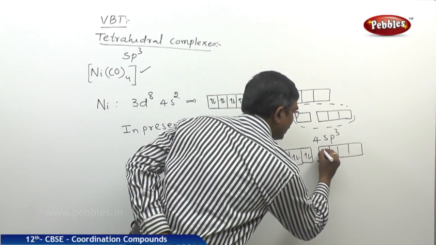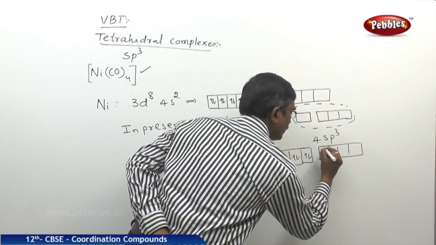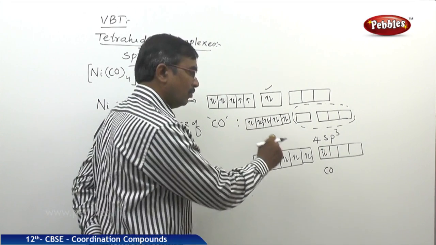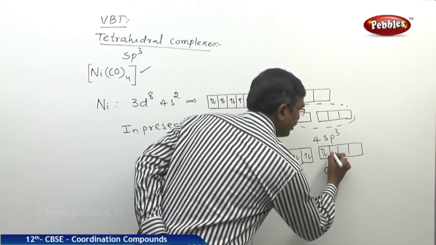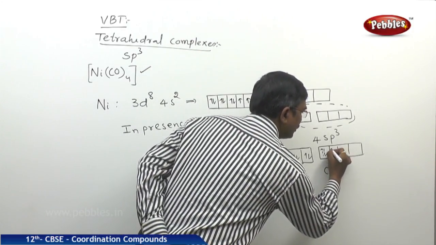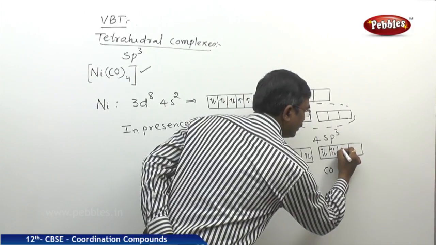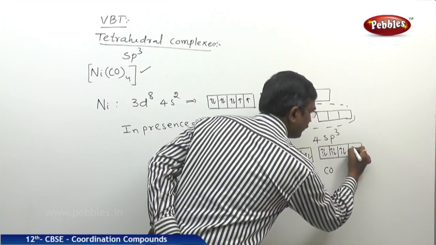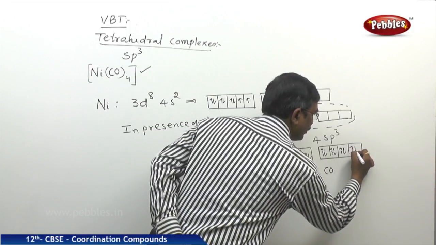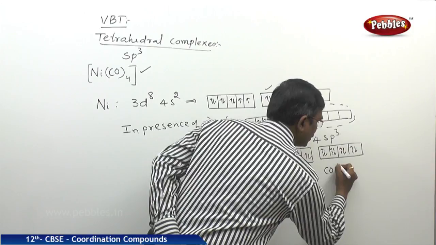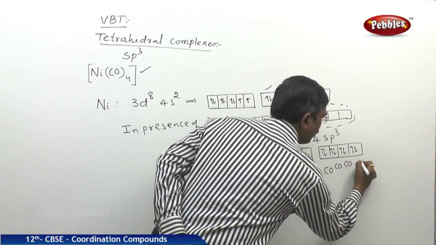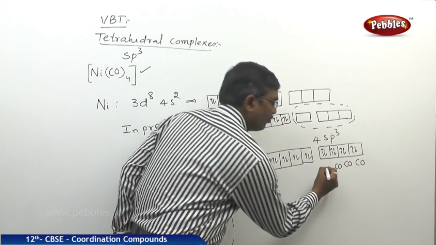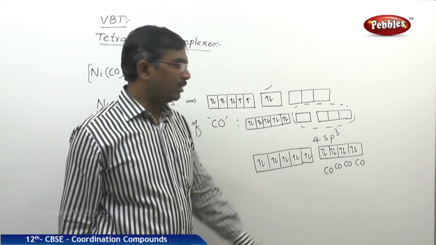One pair is given by one carbon monoxide, another pair by another carbon monoxide, and likewise the other two carbon monoxides each provide a lone pair.